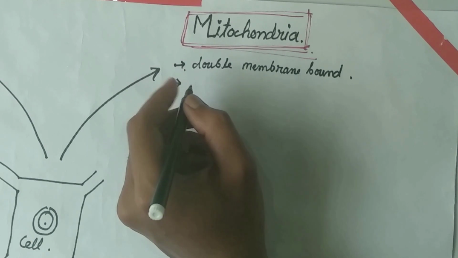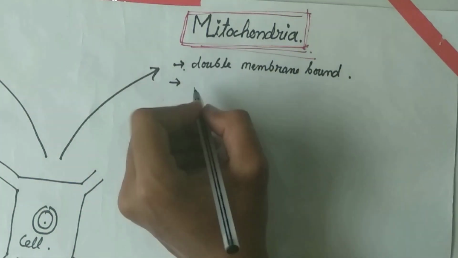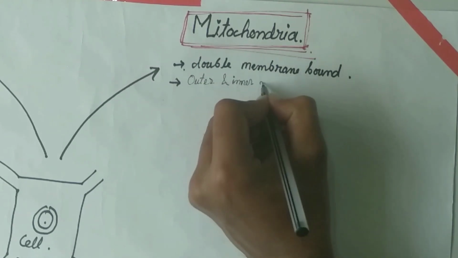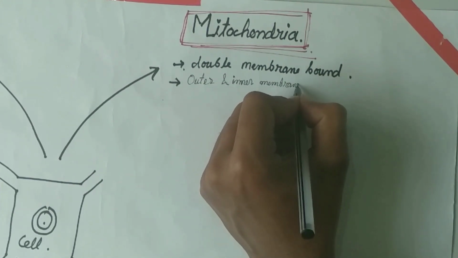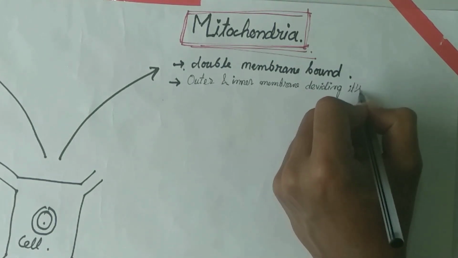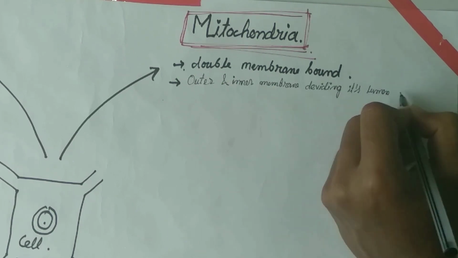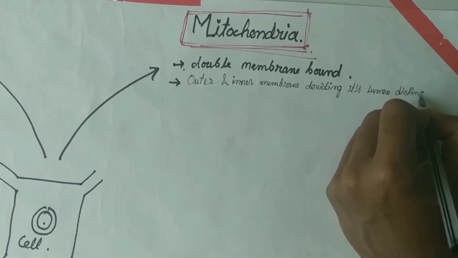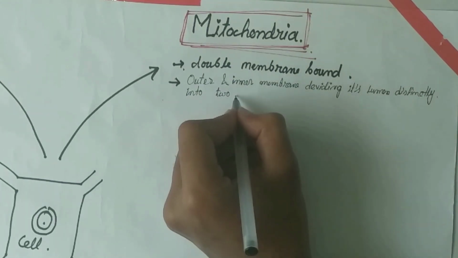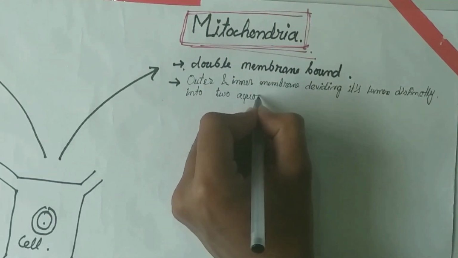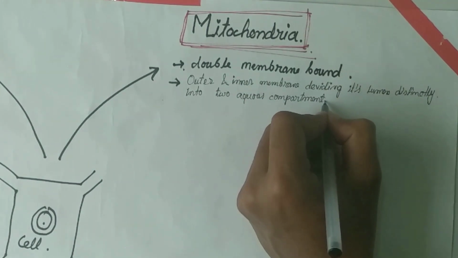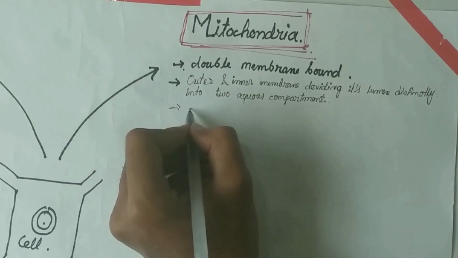The outer membrane and the inner membrane divide its lumen distinctly into two aqueous compartments, that is the outer compartment and the inner compartment.